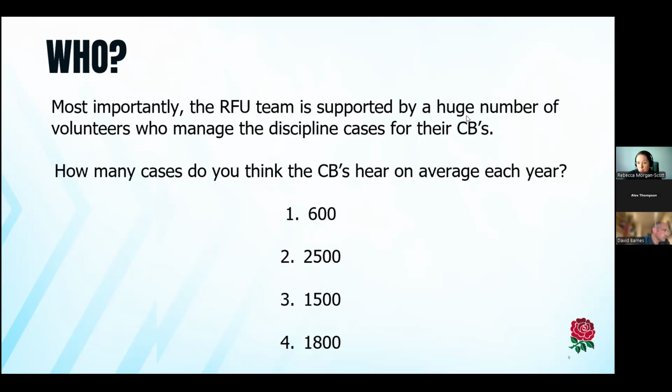So if you want to put some guesses in the chat box, I know there's a few discipline secretaries in the webinar this evening, so you probably have seen these stats already. 10,000 as a good guess. 2.5, 1,800, 2.5.